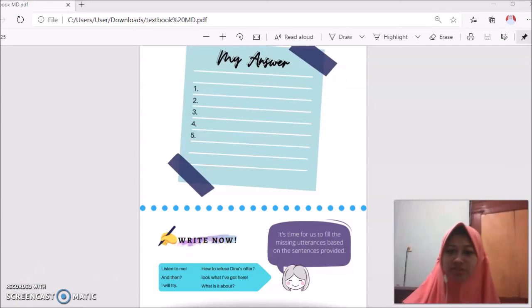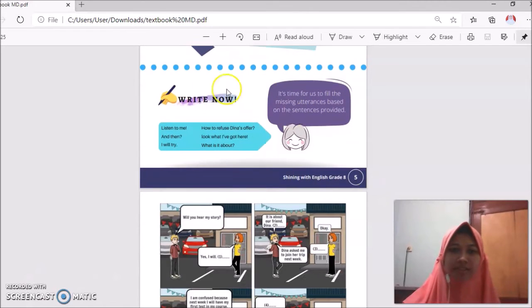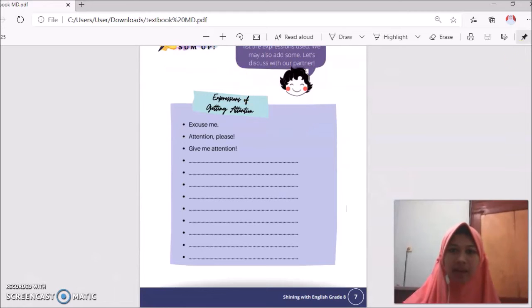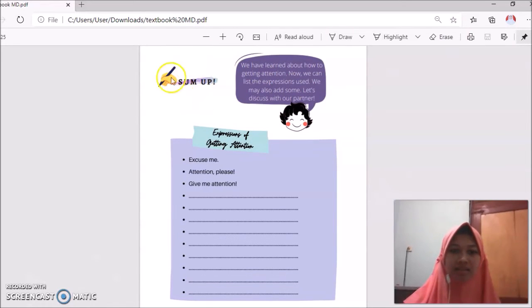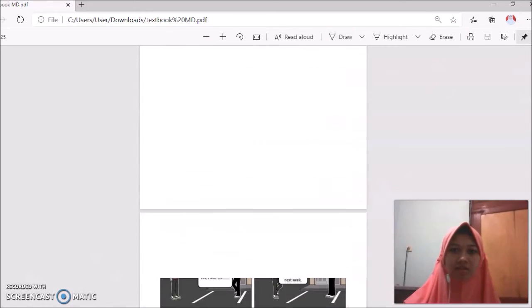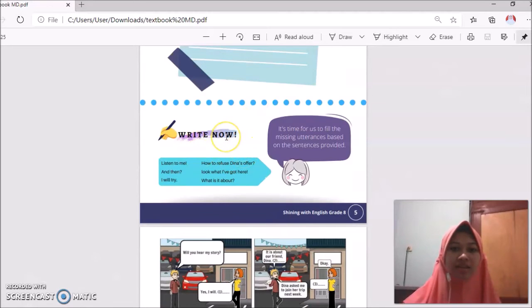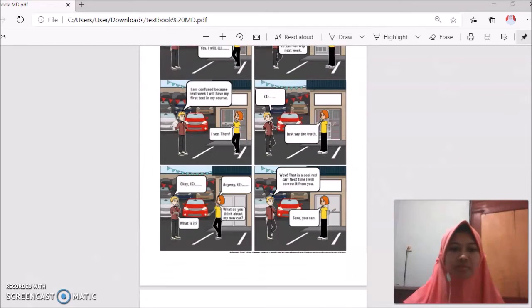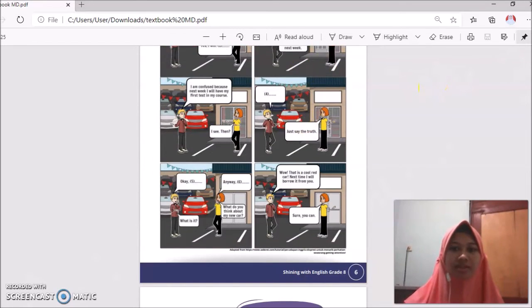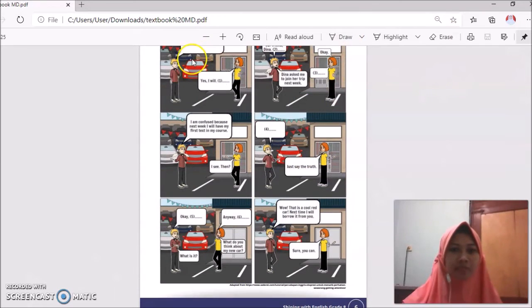There are 2 features. The first is Write Now, and the second is Sum Up. Well, in the Write Now session, there is a picture. This is a picture containing incomplete conversations.